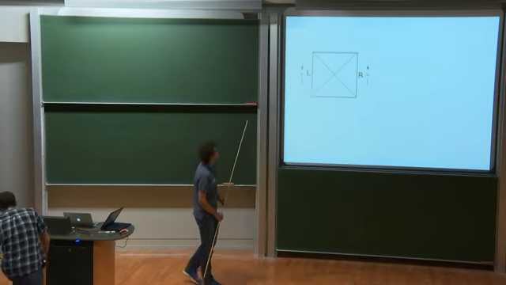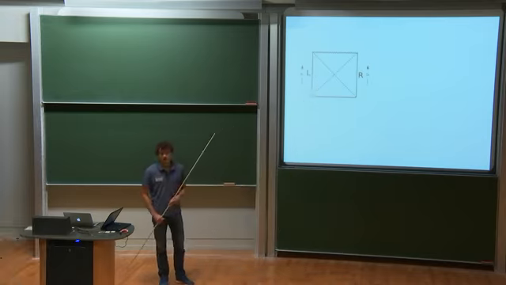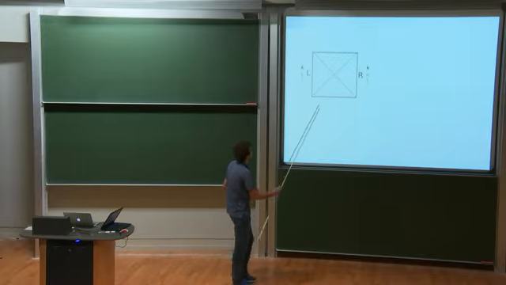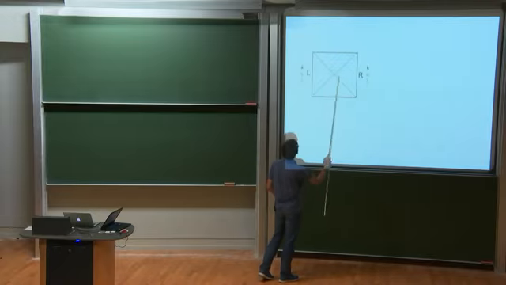And it has two asymptotically AdS regions, this one here on the right and this one on the left. And they're connected by a wormhole. That wormhole collapses to a singularity in the future and in the past. And we have these two horizons, the dashed lines, that separate the spacetime into four regions. This is the right exterior, the left exterior, the past interior, and the future interior of the black hole.